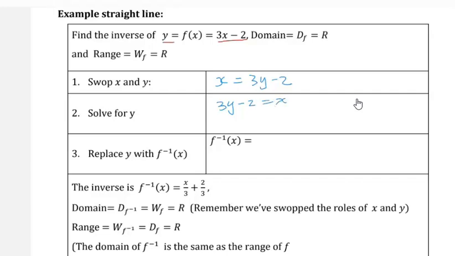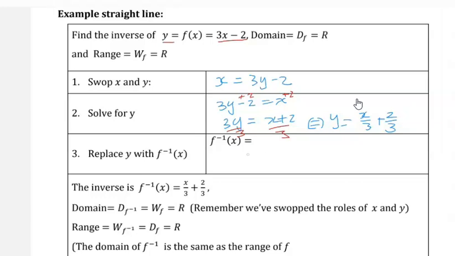So I add 2 to both sides, then I get 3y = x + 2. Now I divide by 3, divide by 3, and then I get y = x/3 + 2/3.